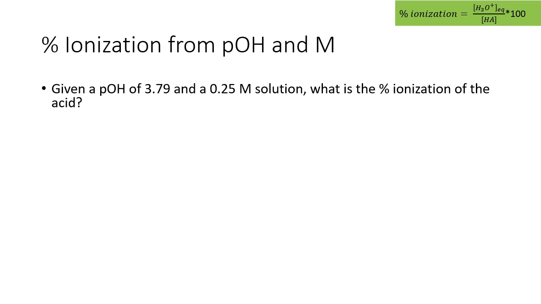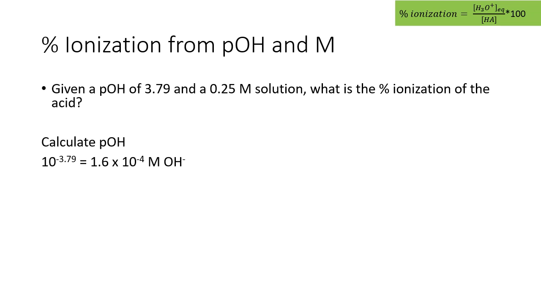I'm going to use the Kw relationship. So I'm first going to calculate the OH minus concentration. So I take 10 to the negative 3.79, and when I do that, I get 1.6 times 10 to the negative 4th molar OH minus.